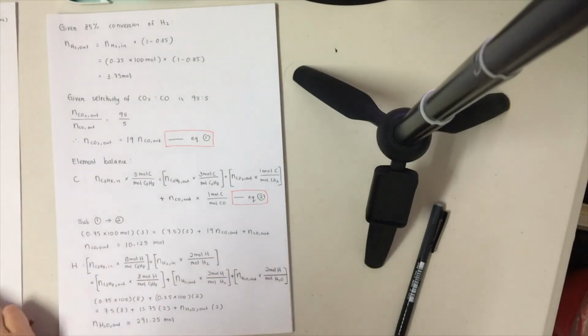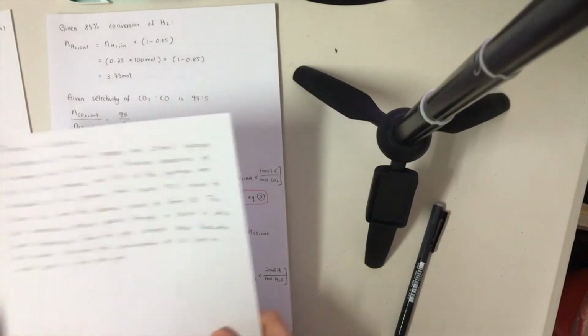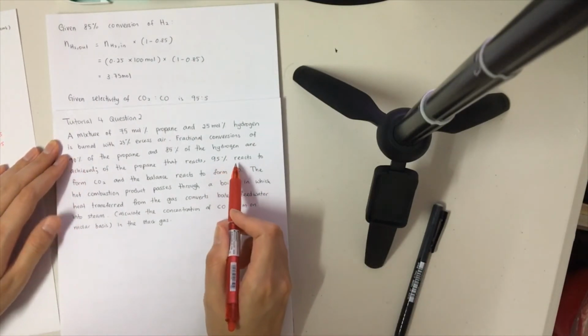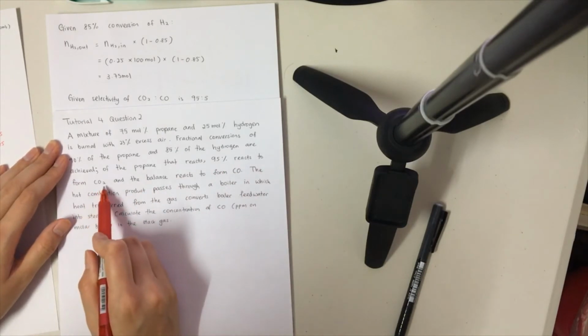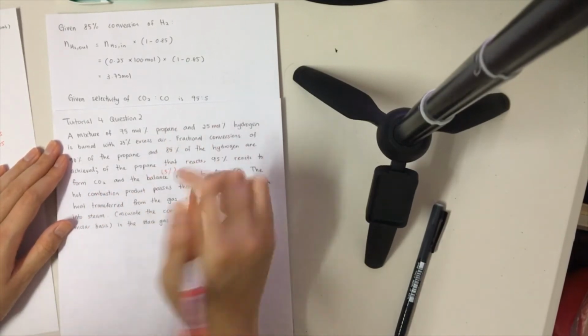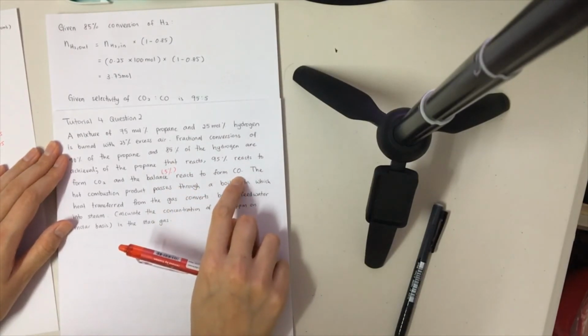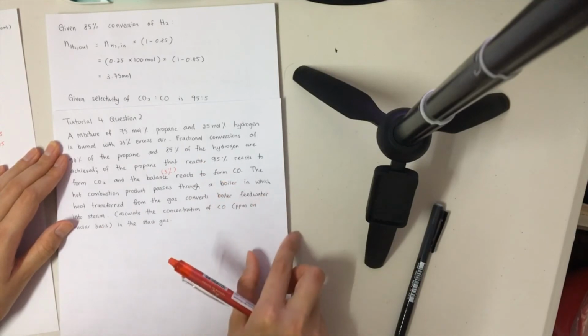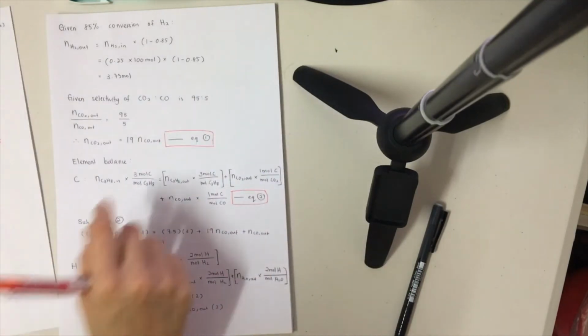So the question did say that 95% reacts to form CO2, and the balance, which is 5%, reacts to form CO. So this is your reaction selectivity, which we can write like that.